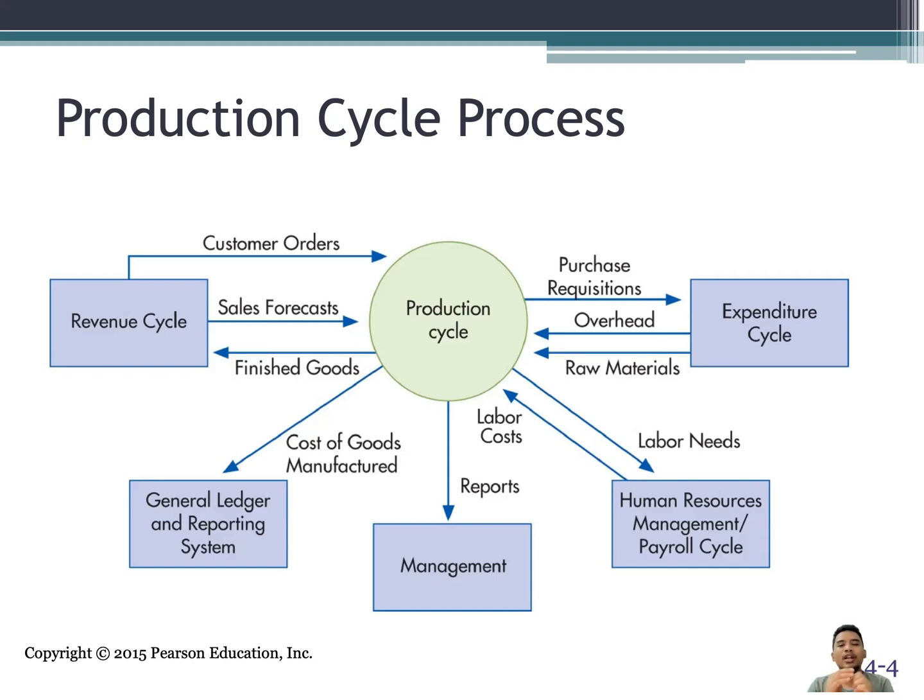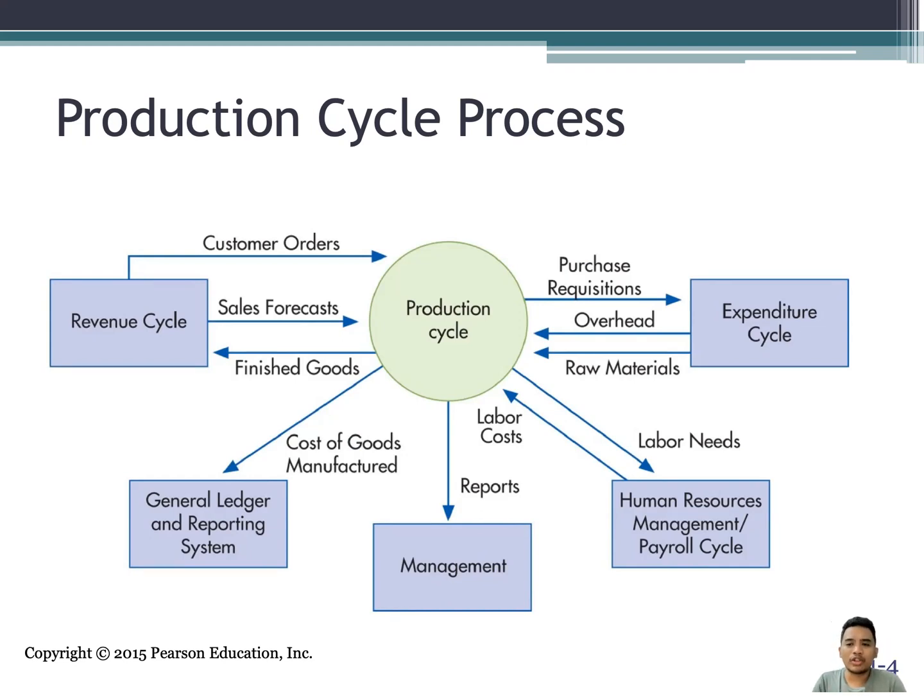So how does the production cycle work? Before the production cycle starts, we first have the processing of customer inquiries or customer orders. From the customer orders, we will now have a production in relation to the orders requested by the clients, and afterwards we'll be manufacturing that, processing from raw materials to finished goods.